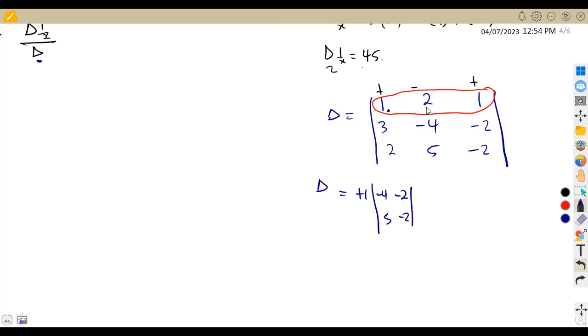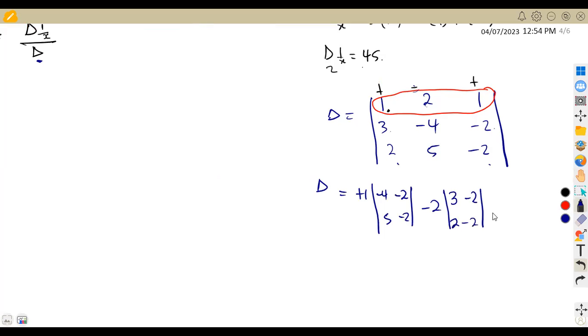We move on to 2, which is affected by a minus, so it's 2 times minus, which is minus 2. We close the row and the column where there is this 2. So if we close this column, we remain with the 3, minus 2 here, 2 and minus 2, because that column is closed.